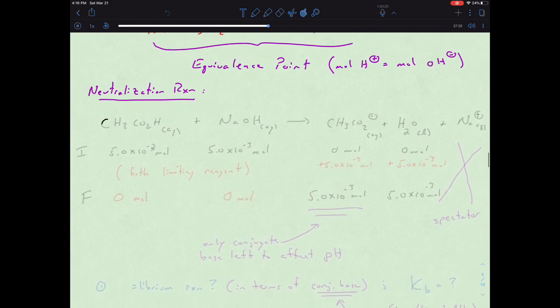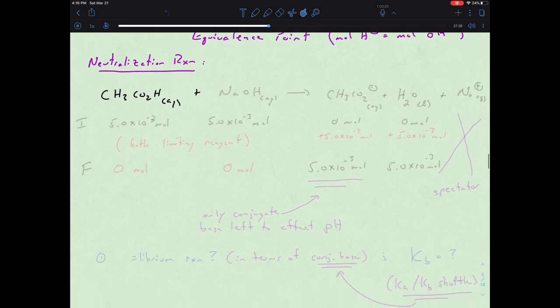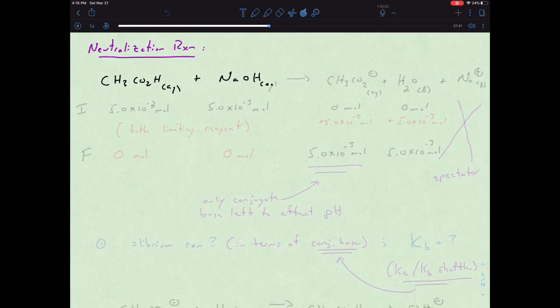The neutralization reaction is not changing. We're titrating acetic acid with sodium hydroxide, and that's producing acetate, hydronium, and then also sodium ion. It's really not producing sodium ion because that's always there, where sodium ion here is going to be a spectator. So it has no effect on the pH.